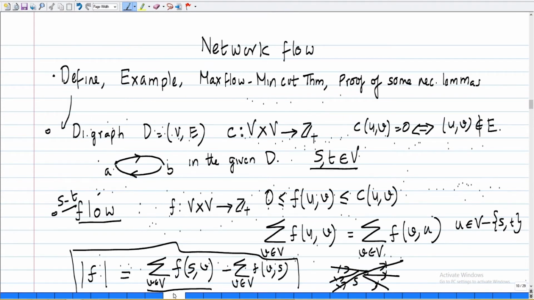It's less than or equal to the capacity, it's greater than or equal to 0, and conservation is very obviously satisfied. So f assigning 0 to every pair of vertices is indeed a valid flow.